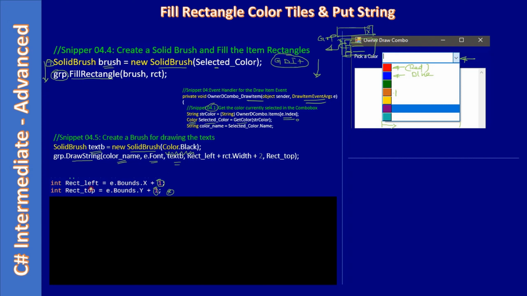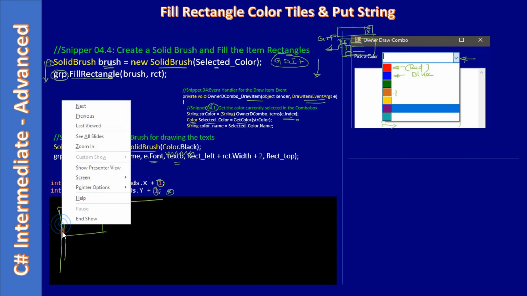So if you look here, rect left means we take one specific tile. This rect left is from whatever the bounds is giving us. e.bounds.x will give this specific location.